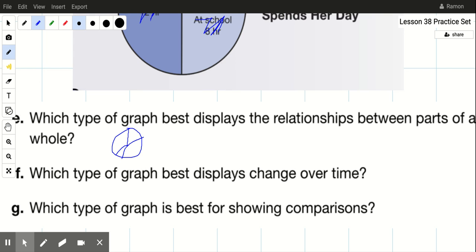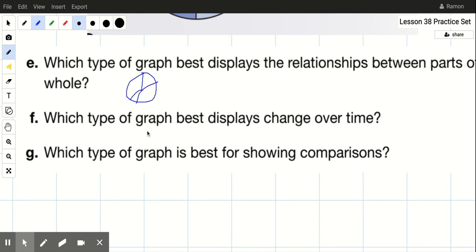You can see the relationship between the two sets of values. So that's what you want to look at when you're talking about relationships between parts of a whole, a circle graph.